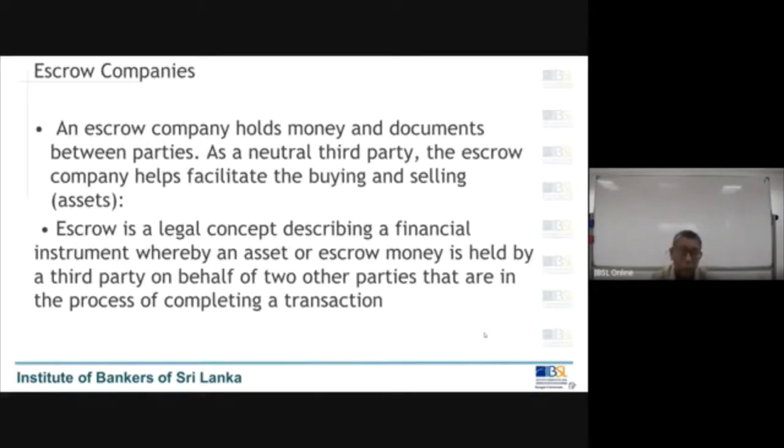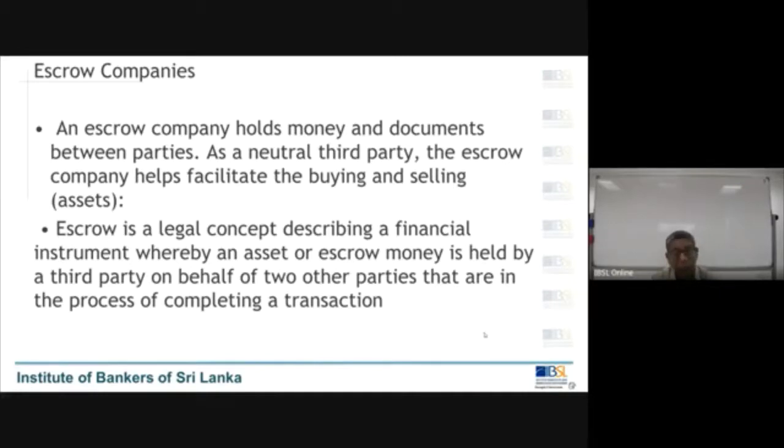So these are some of the methods you can use to finance your strategies, from very simple methods like equity investment, using your retained profits, and going for government grants or loans, or maybe venture capital.